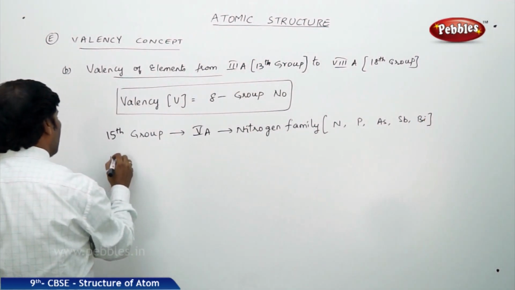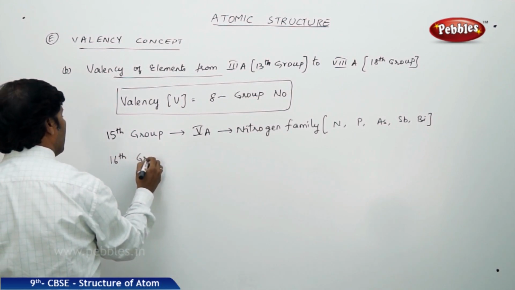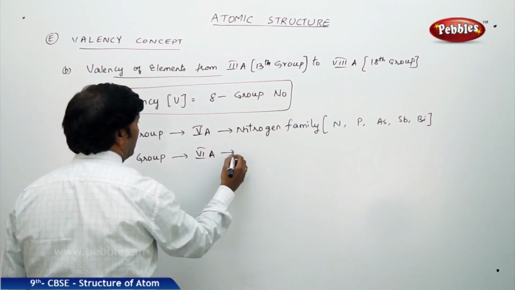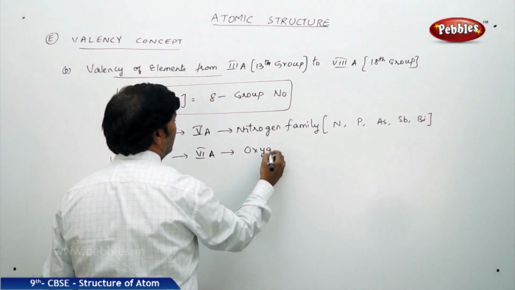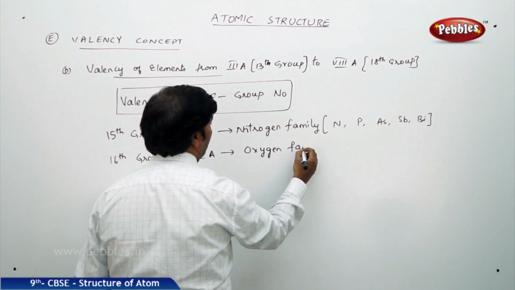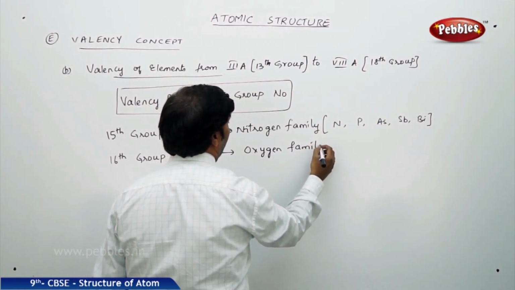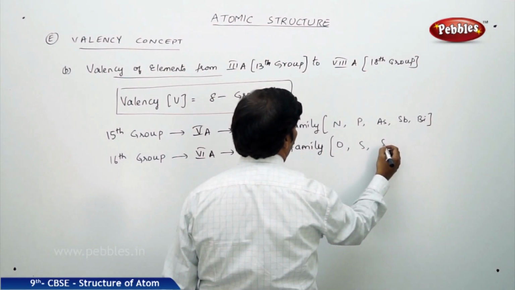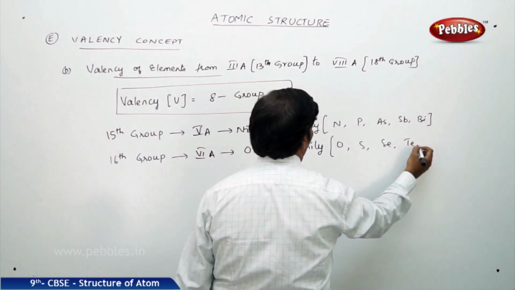Go for the 16th group, 6A, the oxygen family: oxygen, sulfur, selenium, tellurium, polonium.